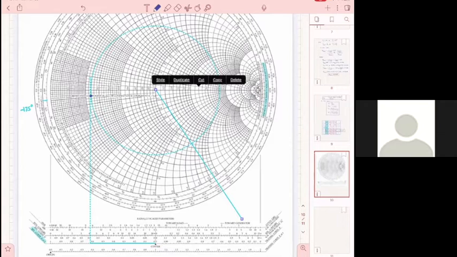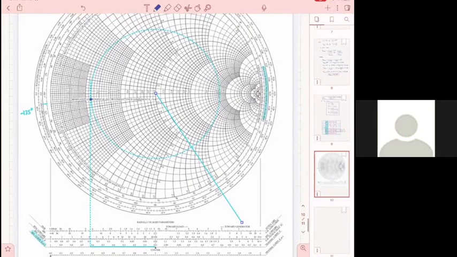Oh wait, it should be at the other side, like to measure the length, the physical length from the center to the 0.62 something on the reflection coefficient, and then to find the equivalent point on the right side of the center, and then draw the vertical line and find the intersection.